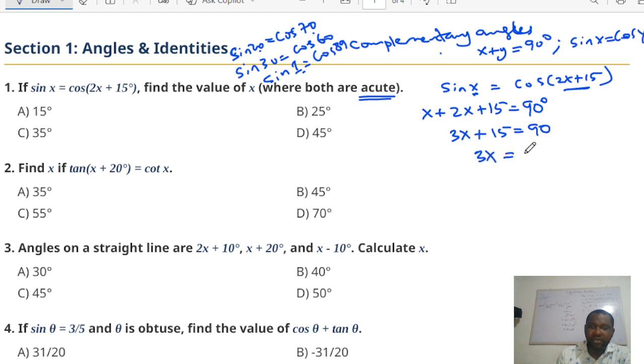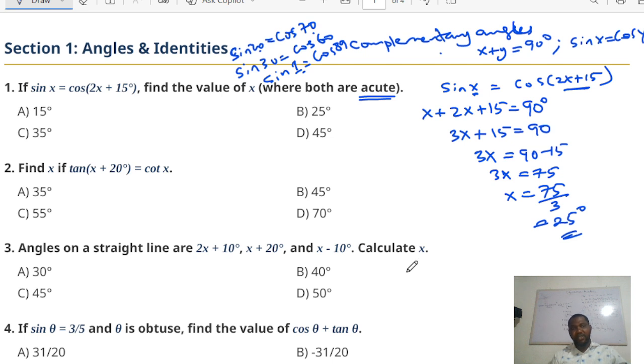Taking 15 to the other side, 3x equals 90 minus 15, so 3x is equal to 75. And so x is 75 over 3, which gives 25. So the answer x is 25 degrees. Quite easy. So the answer is B. That's important for you to note.